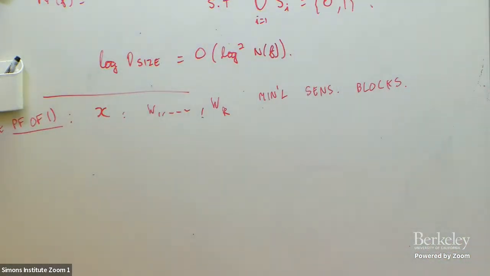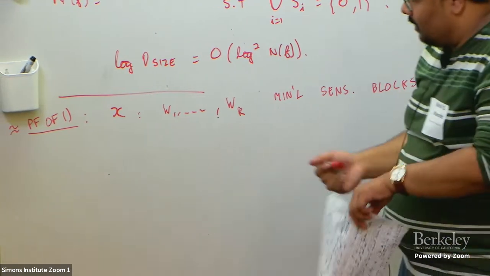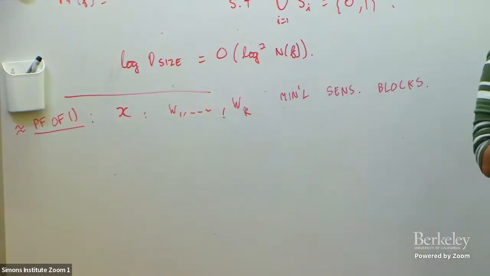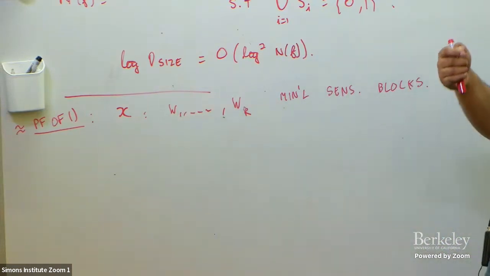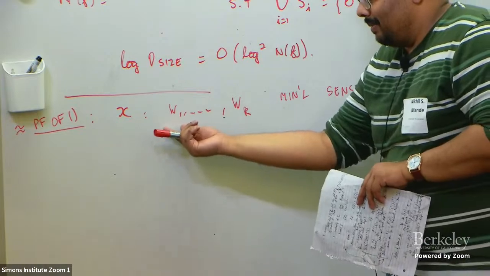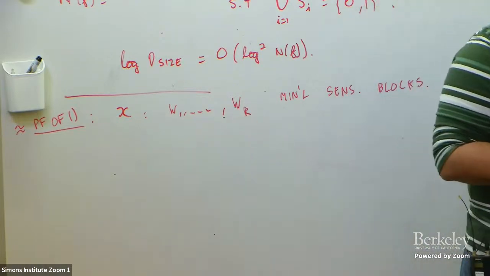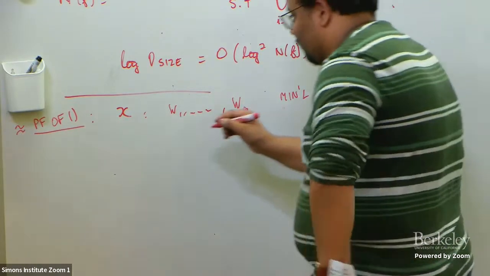Now, the first property we need is that given a randomized decision tree computing F, the probability that on input X you're going to see a variable in W1, let's say, is at least 1/3. So in other words, what am I saying?